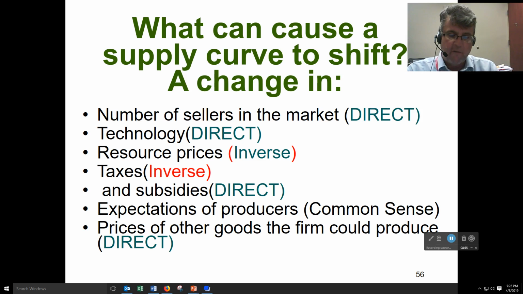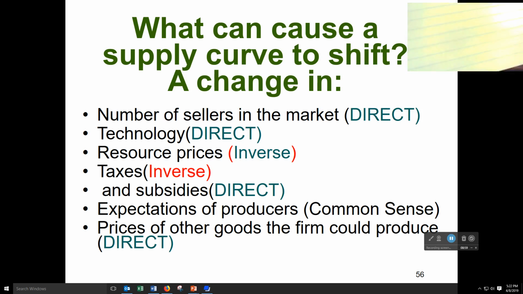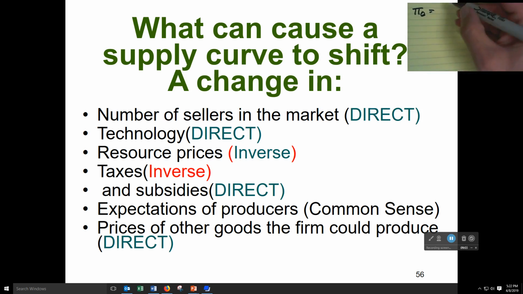So total profit is equal to, and I'll show you here, I'll write it all out. Total profit is equal to total revenue at any given level of output plus the subsidy on that output. So this is what we make from selling to our customers. This is the dollar for every gallon of gasoline we get, minus your total cost at any given level of output.